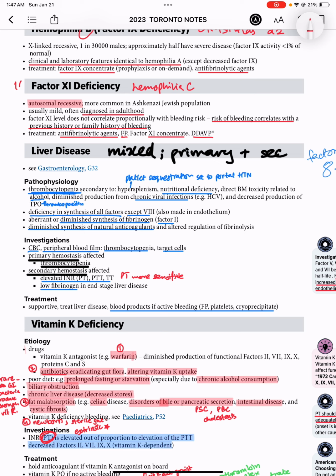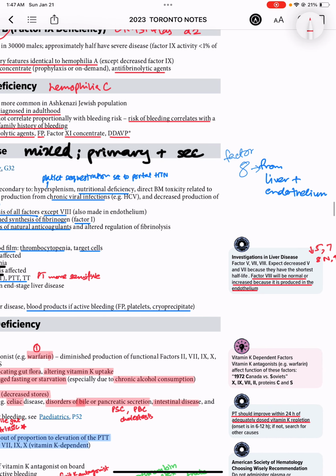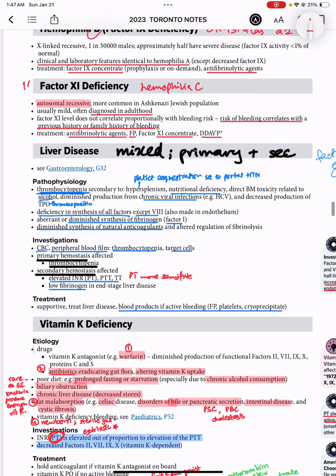So there is deficiency in synthesis of all the factors, except factor 8, because remember that factor 8 comes from liver and it is also made in endothelium and I believe megakaryocytes. Also made in endothelium and megakaryocytes, and it is present in the platelets via VWF.